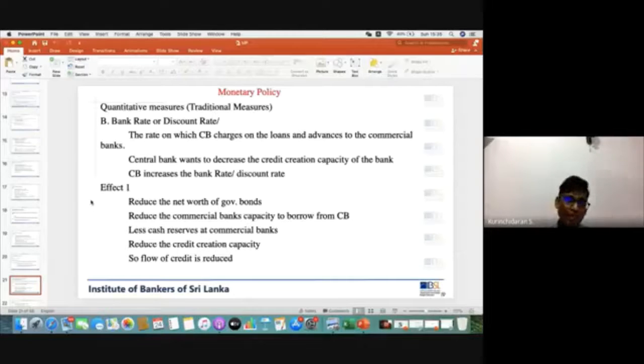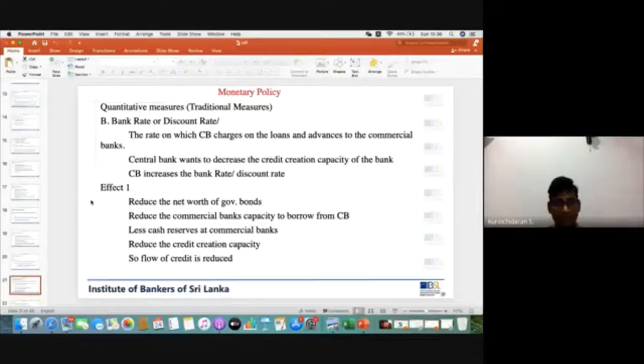So in this bank rate, see the effect. Effect one, right? When you increase the interest rate, what will happen? The market interest rate changes, reducing the net worth of government bonds, right?